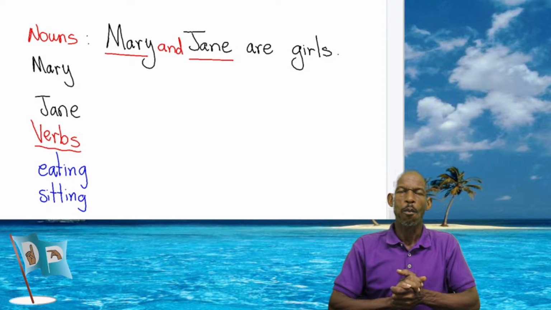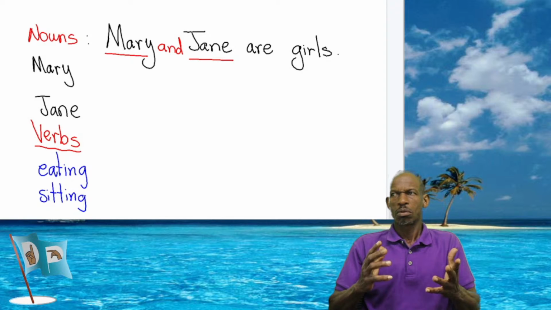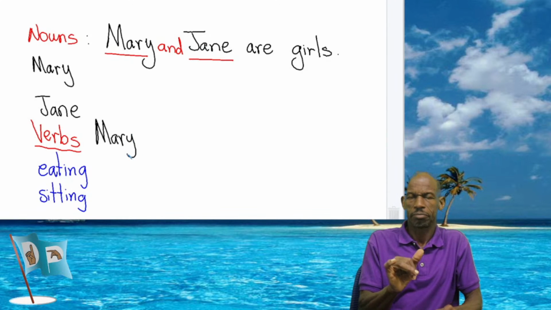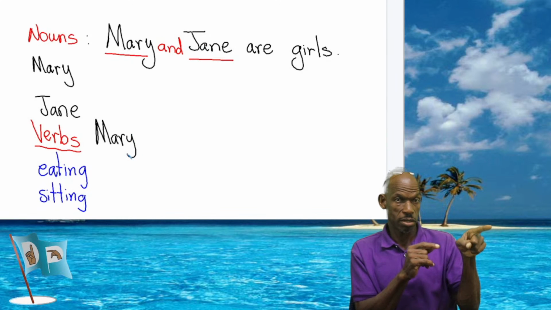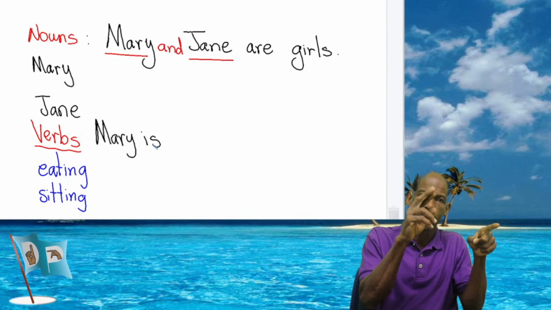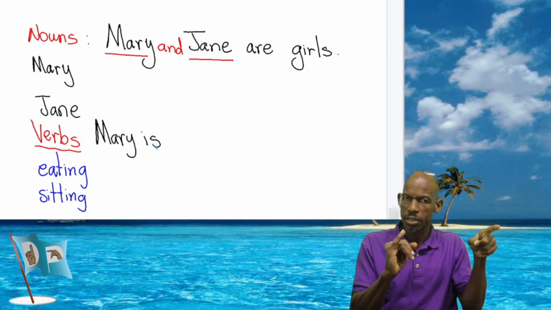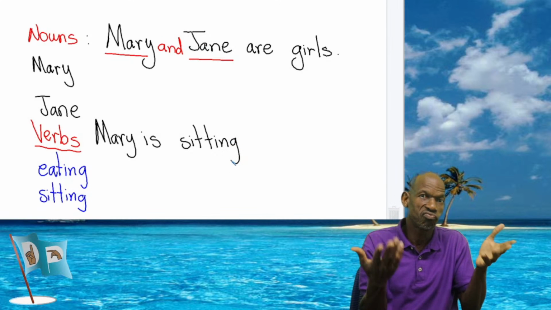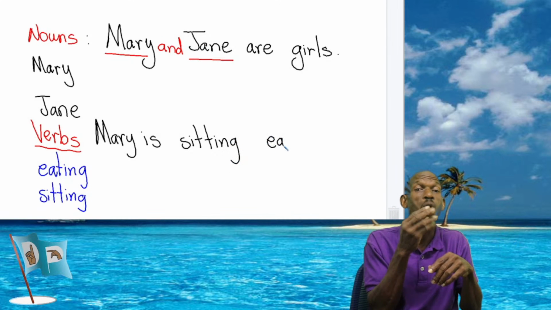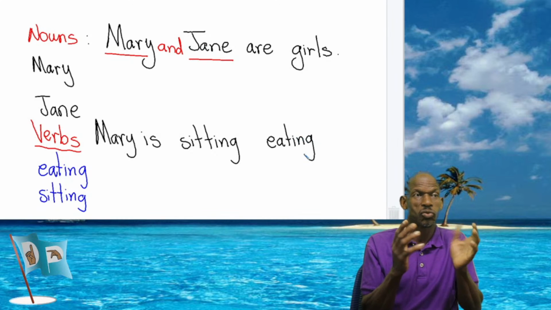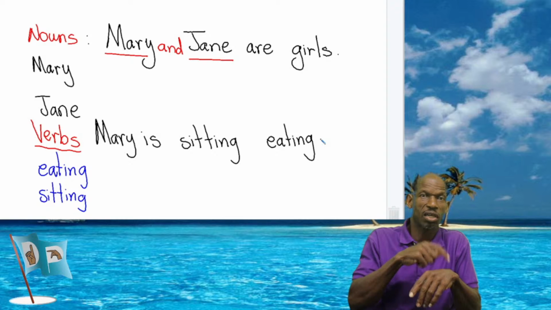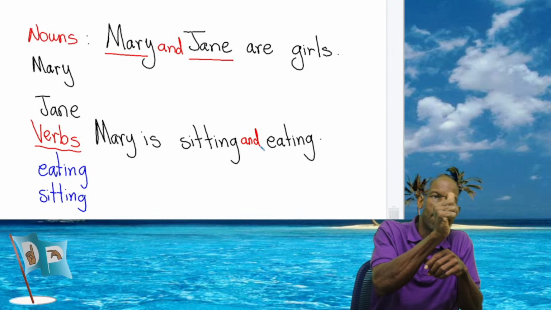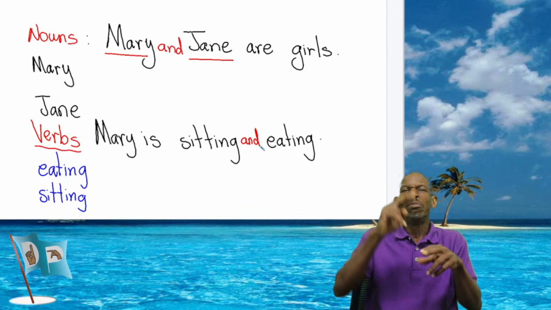We need to know who is doing the action. My person who is doing this action is Mary. Mary is the only person I am talking about. Mary is doing two actions. She is sitting and she is eating. To join the two actions, I'm going to put "and." So Mary is sitting and eating.